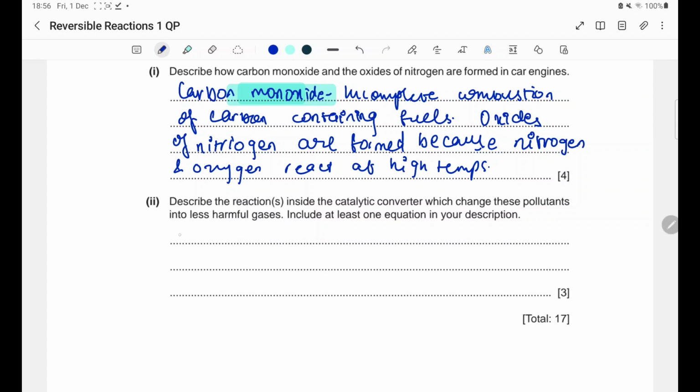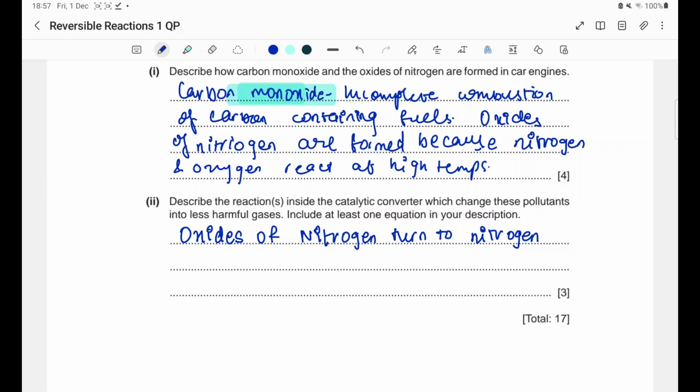Oxides of nitrogen turn to nitrogen itself. Remember, I told you guys that nitrogen makes up 78% of the air, so it's not harmful the way oxides of nitrogen are, because they play a factor in forming acid rain.